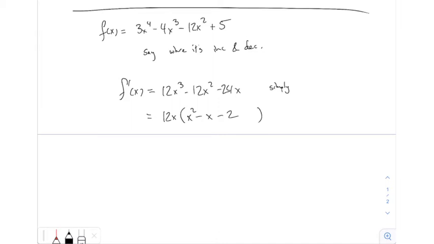And then you can factor that all the way. Anyone say what the factors are going to be? Somebody else want to shout out the factors? x minus 2, x plus 1. Yes, thank you. x minus 2, x plus 1.